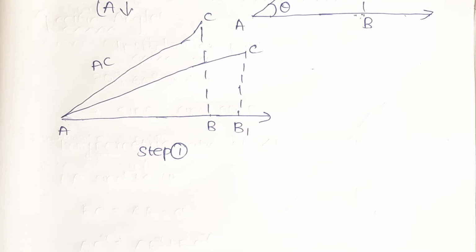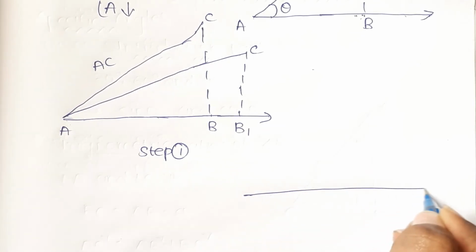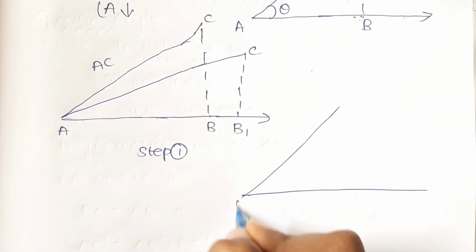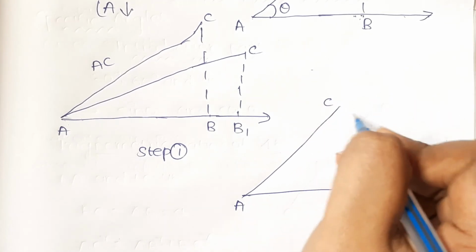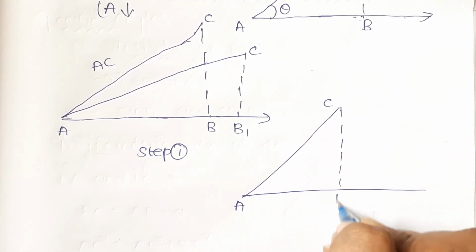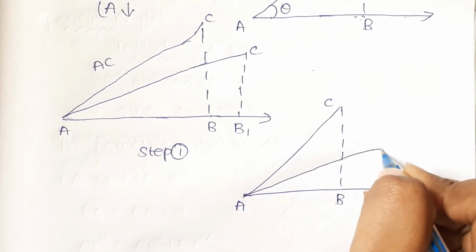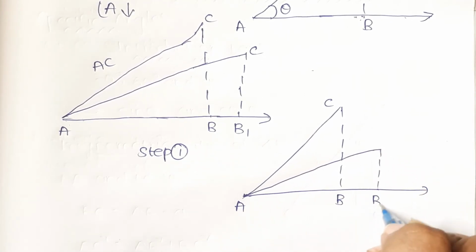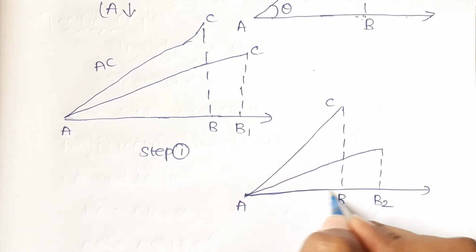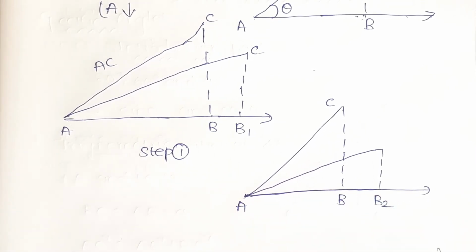Now let us see another figure. A, C, B, and the decreased B2, and gradually the angle becomes 0 degrees.